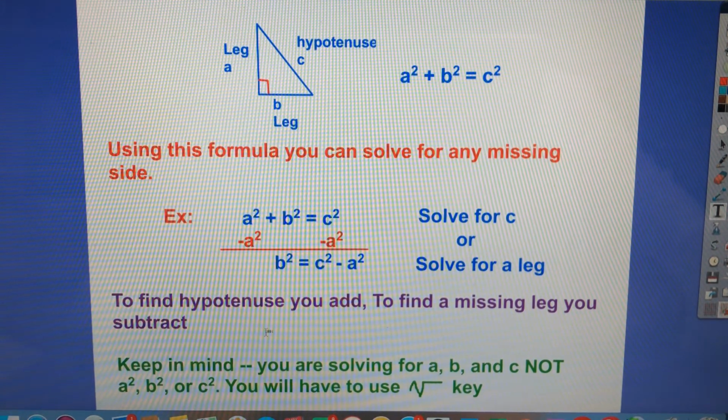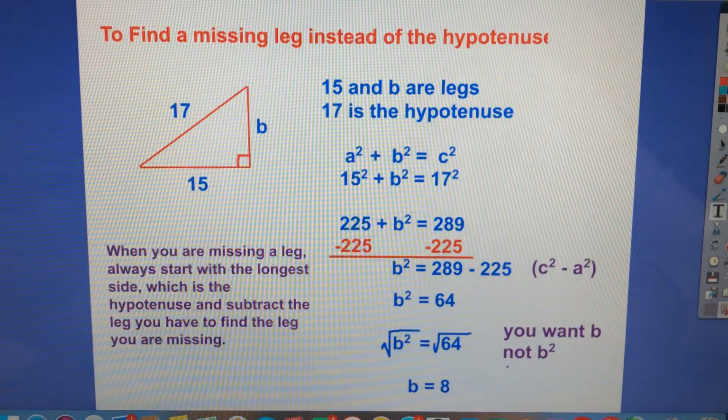I'll isolate it. Keep in mind you are solving for a, b, and c, not a squared, b squared, or c squared. You will have to use the radical key before you get your final answer to find a missing leg instead of the hypotenuse.